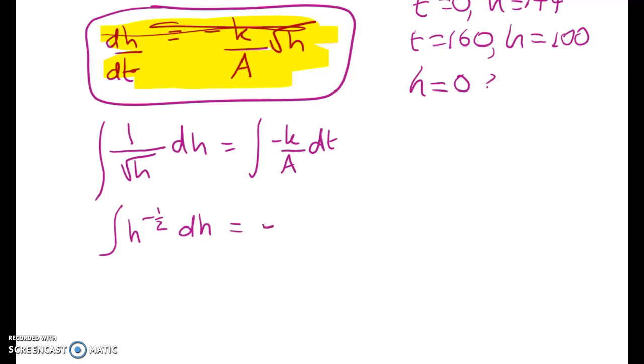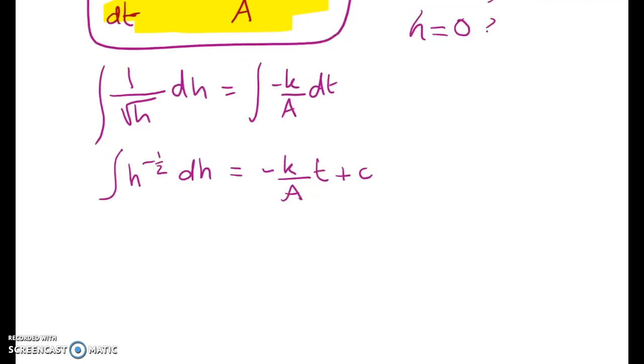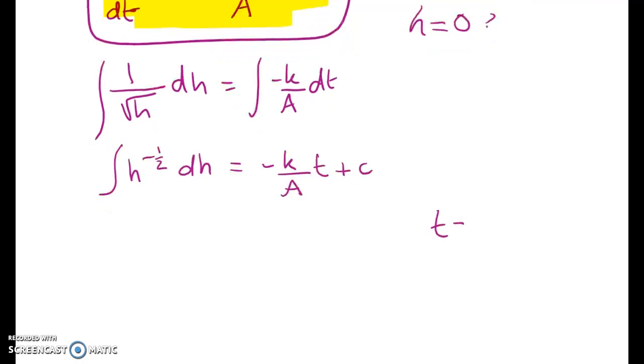And on this side, I'm going to get negative k over A t plus C. As we often have, we've got two constants that we have to find. The first one is going to come from substituting in t equals 0 and H equals 144. But before I do that, I have to integrate the left-hand side. Now that's going to give me H to the 1/2 times 2. So we get 2 root H equals this.